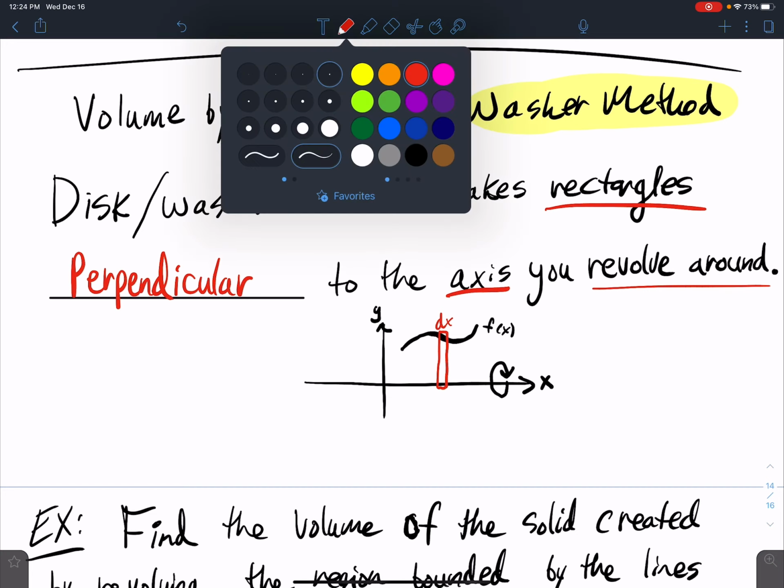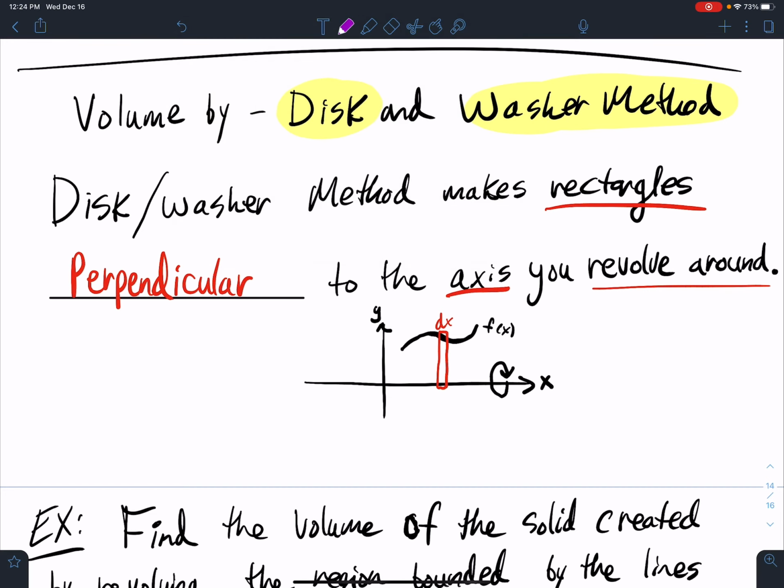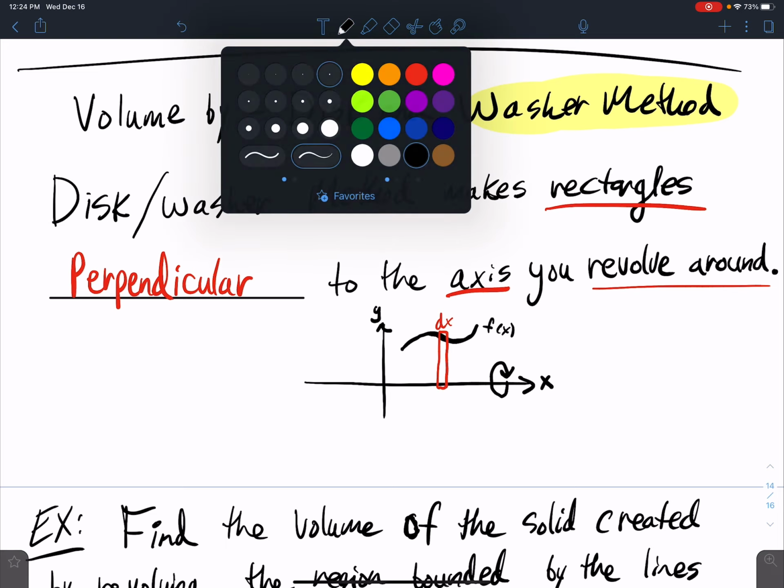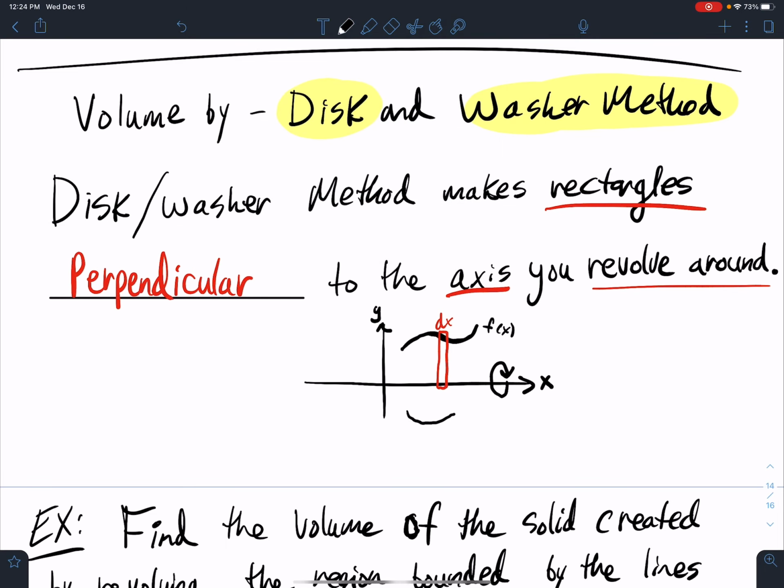And so what does it look like to revolve around? Well, if I spin this around, I'm going to have this mirror image on the lower side, and whenever I spin it around, it creates these little discs. The idea here is we're going to find the volume of each of these little discs and add them up from A to B.